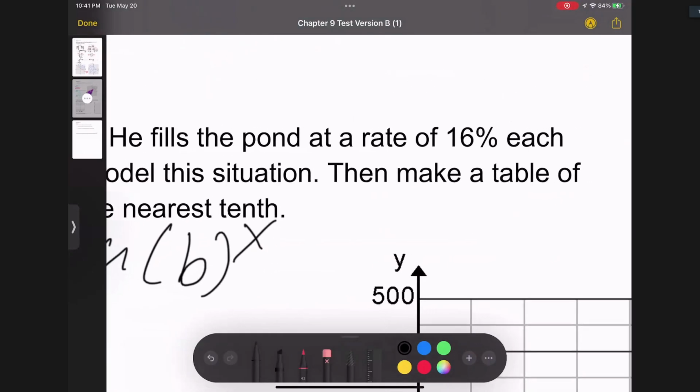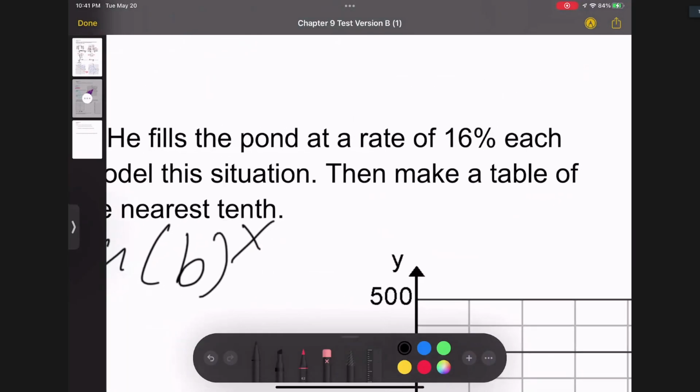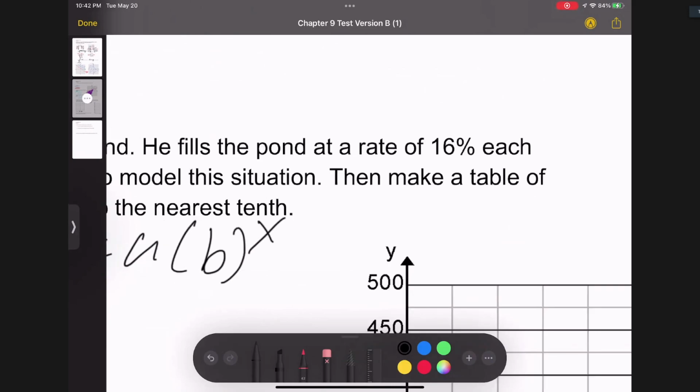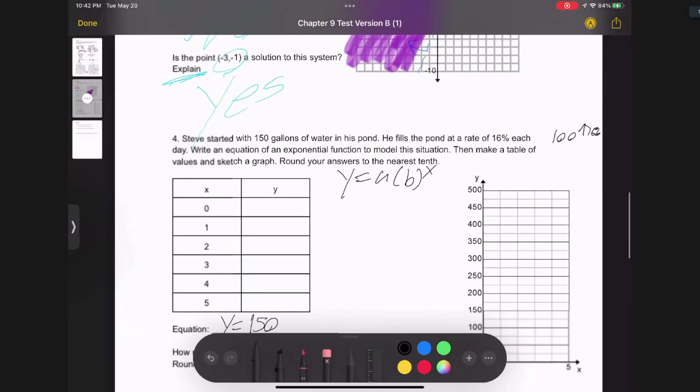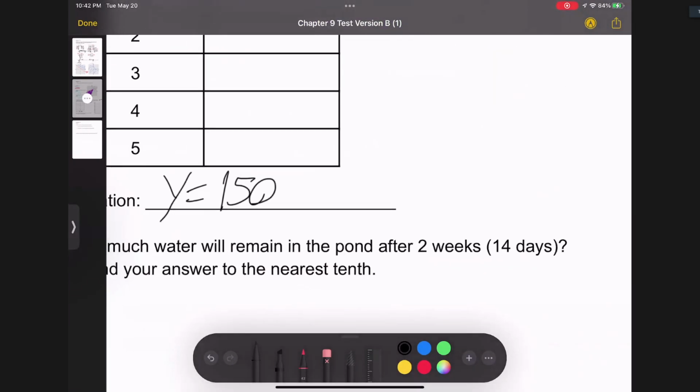And what's happening right here? It says it is filling the actual pond by 16%. So when you are saying filling up the pond by 16%, you are going up by 16%. So that's going to be 116. How do I write down 116 in a decimal form?